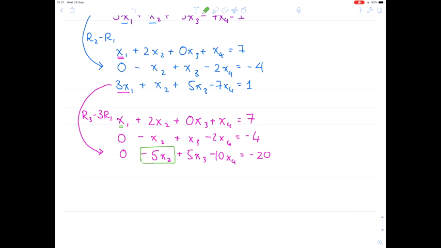So we're just going to work with row 2. So what we're going to say is we're not changing row 2.